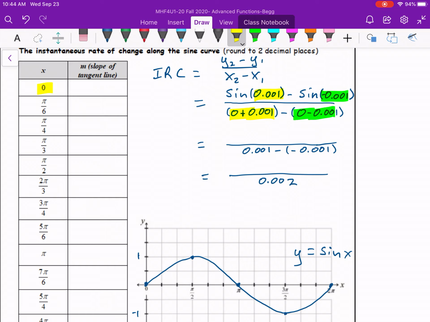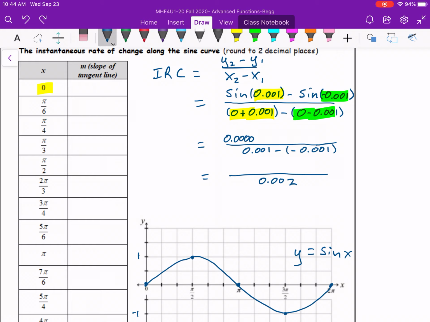And when I take the sine of positive 0.001, I get 0.000, not too many zeros, I think it's just 3 zeros and then a bunch of 9s. I'm going to write a whole bunch of decimal places because we're working with such small numbers that it's important to carry a lot of decimal places.